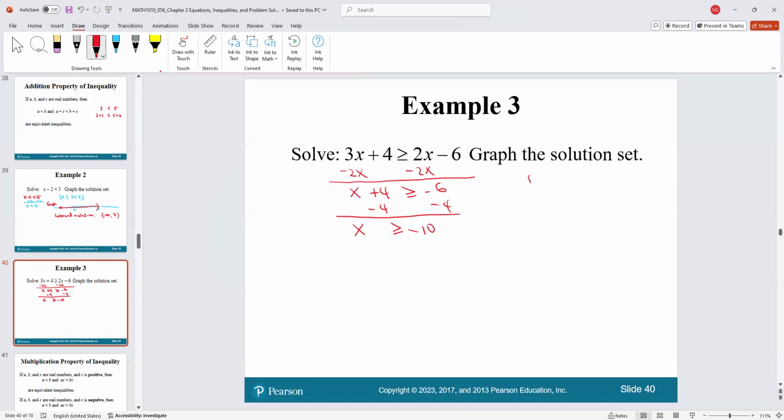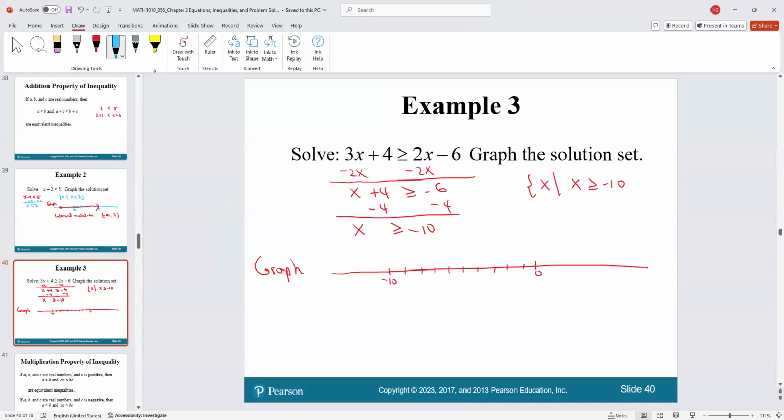If we want to write the solution set in set builder notation, we can say x such that x is greater than or equal to negative 10. Now, in order to graph that, we go on a number line, we put 0 and we go 1, 2, 3, 4, 5, 6, 7, 8, 9, 10. We have negative 10 right there.